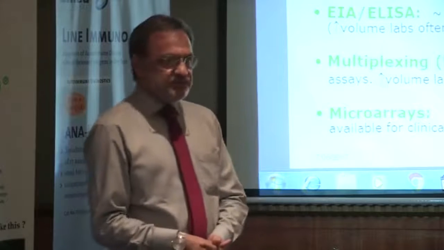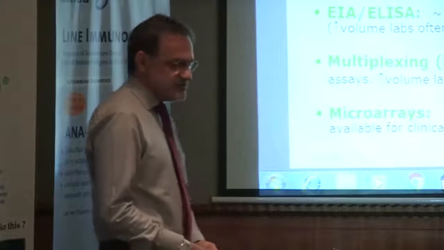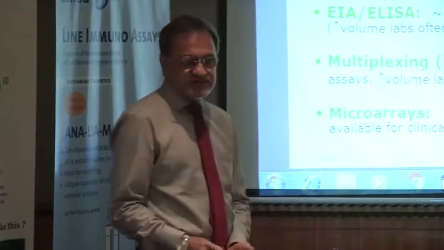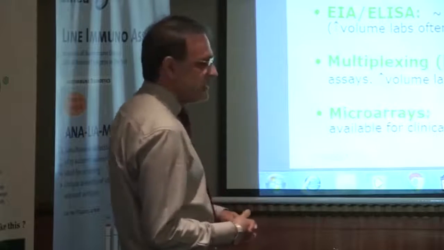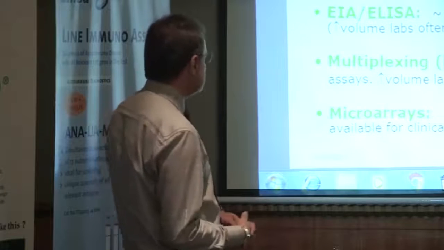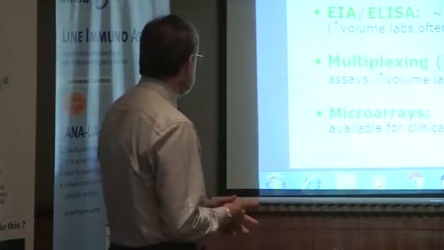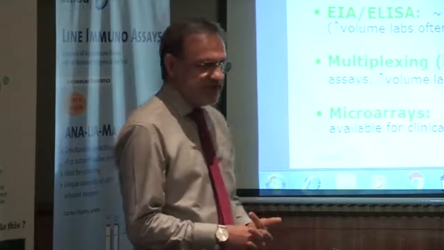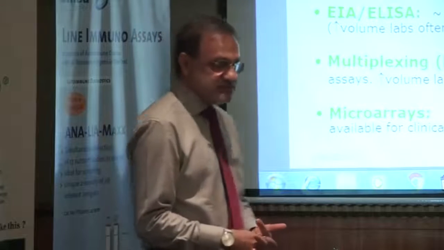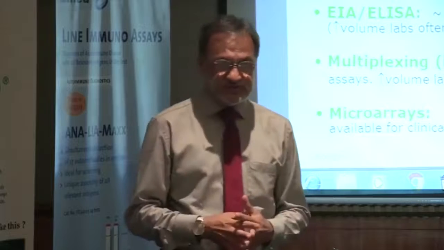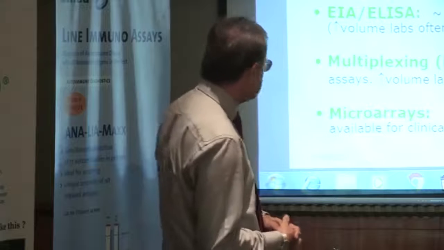Now, if we analyze the prevalence of different technologies for ANA testing, the picture that emerges is something like this. Immunofluorescence, again, is still a very popular method. Around 65% of the labs all around the world are doing the same method. Okay, and it is the gold standard as per the ACR recommendation. ELISA, around 25% of the labs are doing ELISAs, and of course the number of assays would be more, because overall it is 25%, but if you individually pick up the assays, then it would be more than 40% of the total bulk.